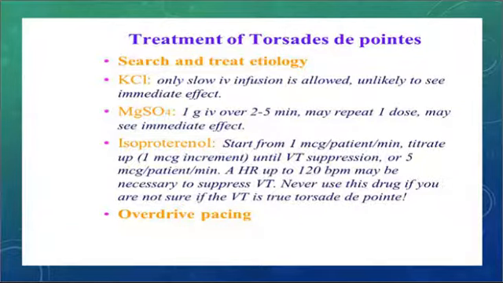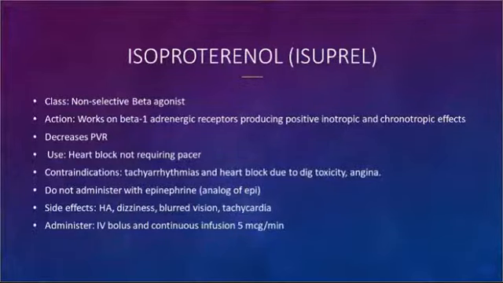Isoprel, if it's needed, is a non-selective beta agonist. It lowers the pulmonary vascular resistance. It will cause a drop in blood pressure. It causes an inotropic and chronotropic effect, which helps the heart squeeze a little better, increasing the cardiac output. As I said, a non-selective beta agonist can cause the heart to squeeze a little better.